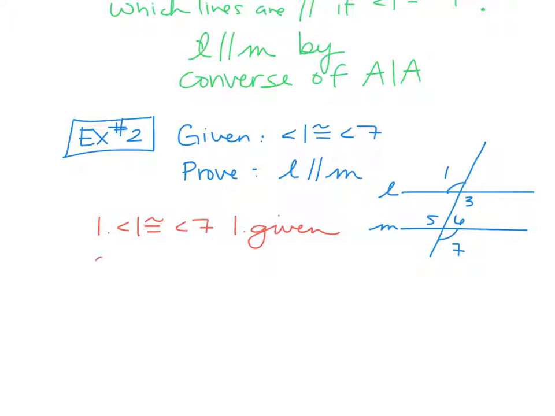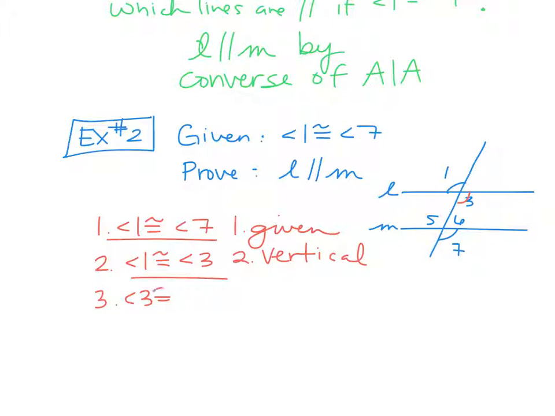Okay, we do know that angle 1 is congruent to angle 3. How do we know that? They're vertical angles. And if it helps you to mark it as you go, just so you see it, that's fine. You can totally mark that. Okay, so because we know 1 is congruent to 7 and 1 is congruent to 3, we can say what? 3 is congruent to 7.